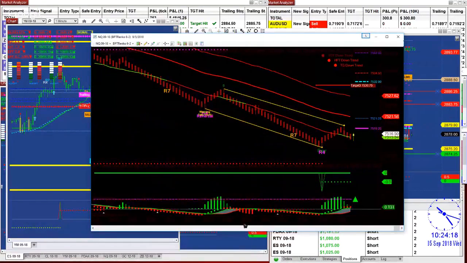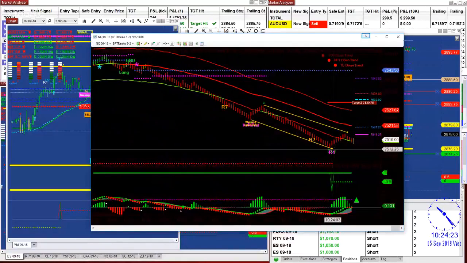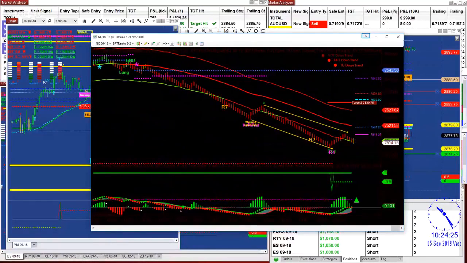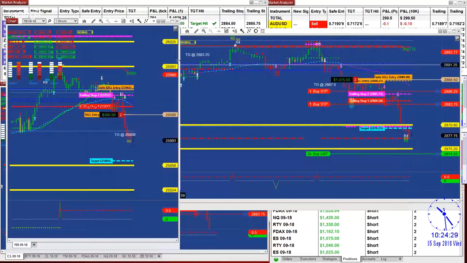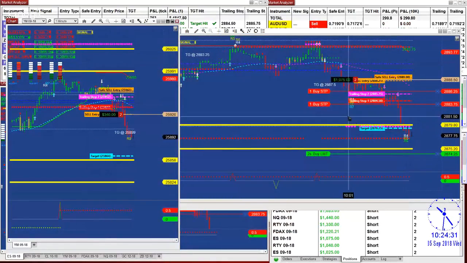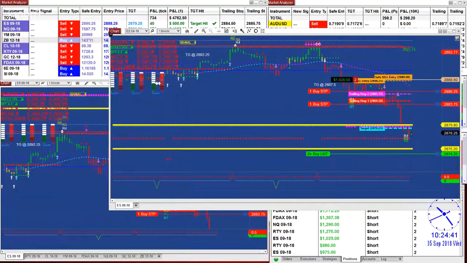Look at it now, out of the band, and now we have a reversal, and this is just a little bit of trouble because the ES and the Nasdaq, the YM and the ES dropped immediately, but we'll keep our eye on this.